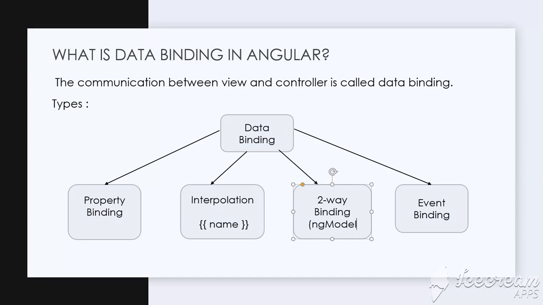So in this way you are inputting data from the HTML, the data is going back to the TS file, and then it's coming back to the HTML file and being displayed in some other component.